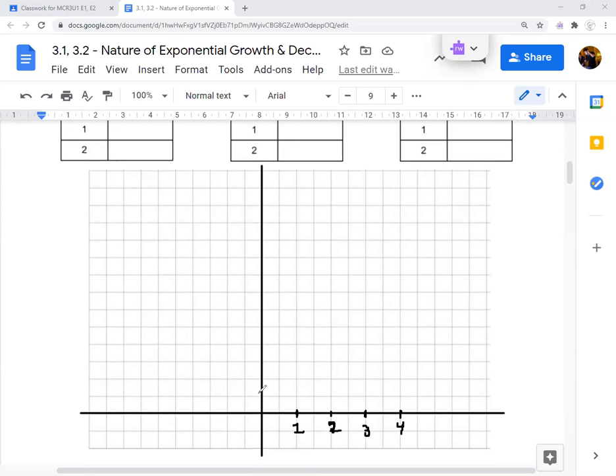But on the upside, it goes up to 16. So do I need 1, 2, 3, 4, 5, 6, 7, 8, 9, 10, 11, 12, 13? That's okay. Let's do 1, 2, 3, 4, 5 and 6, 7 and 8, 9 and 10, 11, 12, 13, 14, and then 16 is somewhere up here.